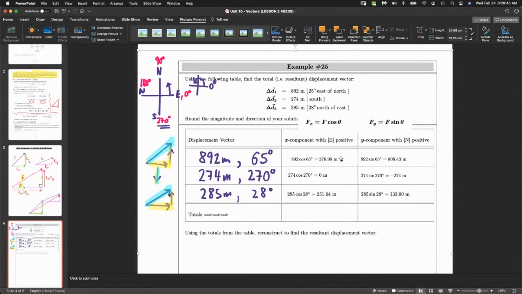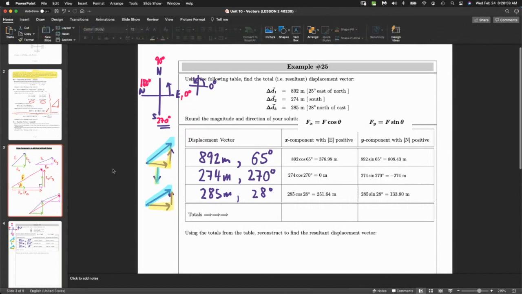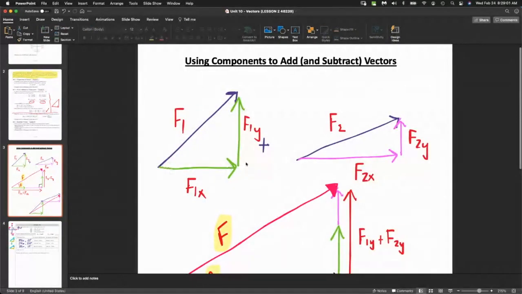So what we have done here now is we've taken the original three vectors and we've broken them up into pieces. And here are the pieces. The components represent the Lego pieces, what I was talking about earlier. So over here, these green vectors and these purple vectors are the components or the building blocks.